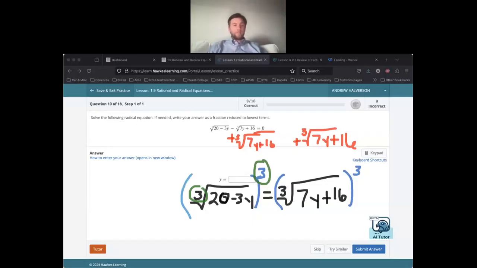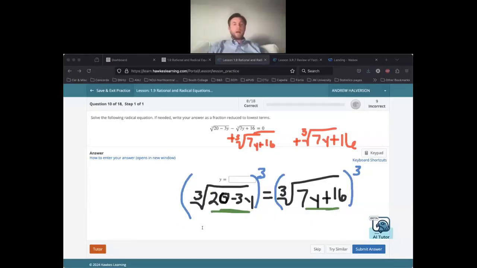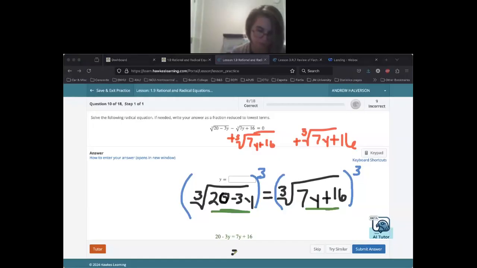You just pop out the stuff on the inside, leaving exactly 20 minus 3y equals 7y plus 16. The crazy part of the problem goes away. So what do we get as our final answer? Well, that's interesting. You have to solve it.